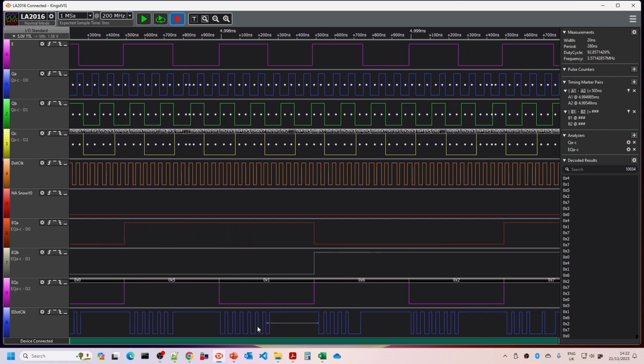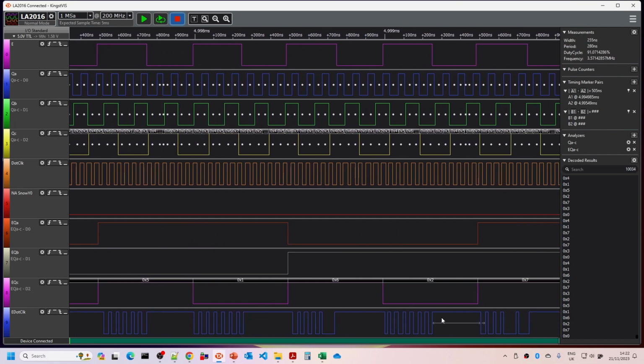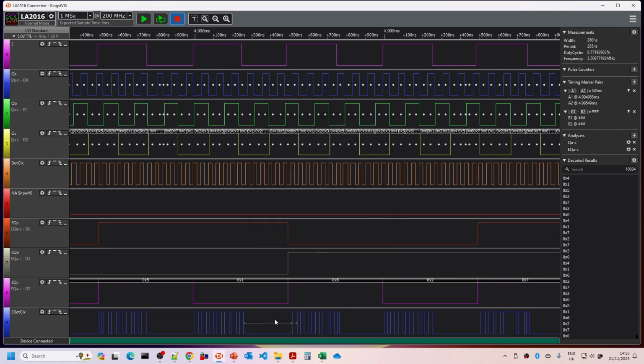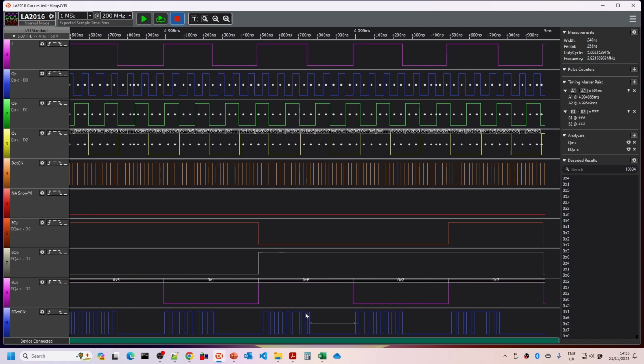But you can see that if we change the glitch filter settings, we just take that glitch down. There we go. I think the glitch filter settings have probably been messing things up.